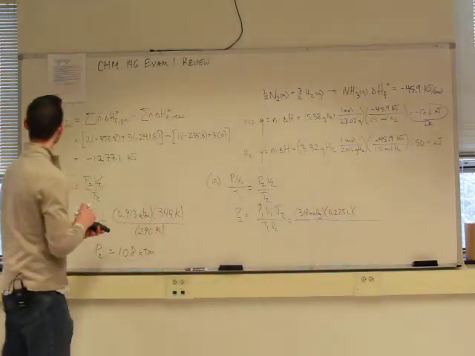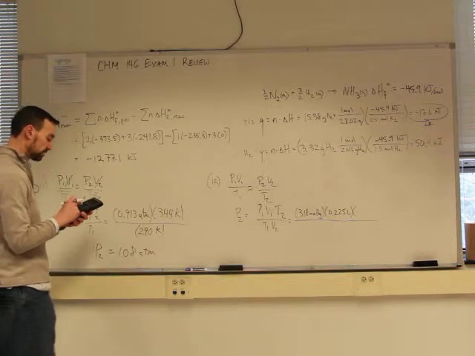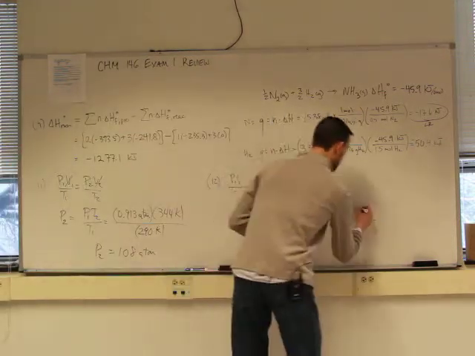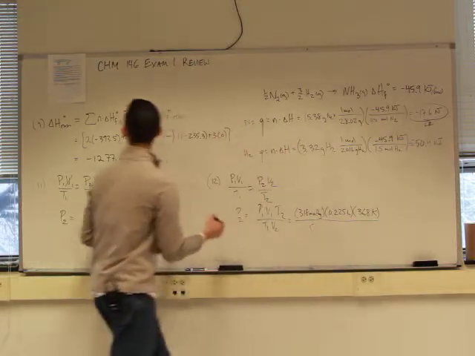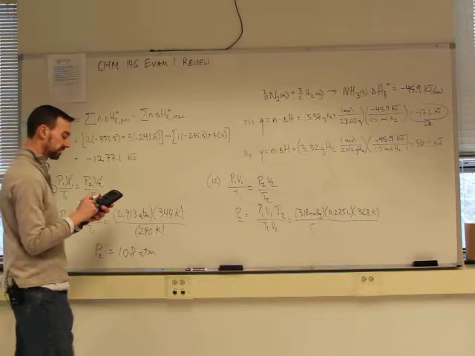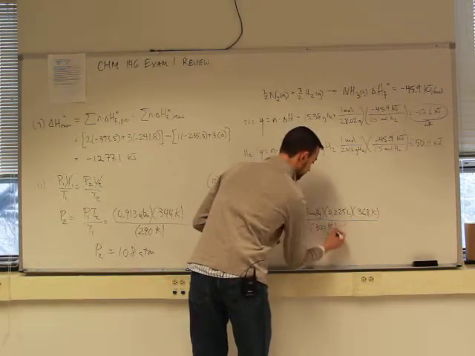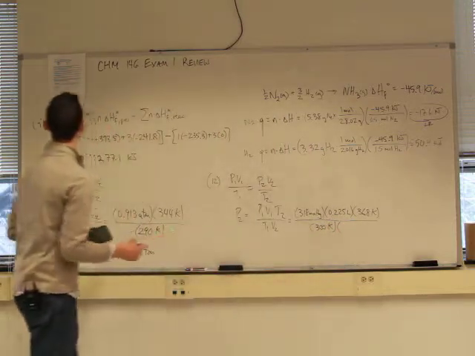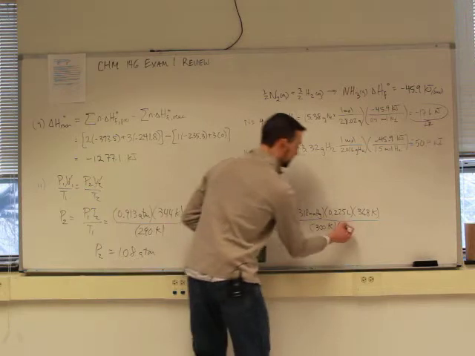Our second temperature, 95 degrees Celsius, so that's 368 Kelvin. Our original temperature for this gas was 27 degrees Celsius, so 300 Kelvin. And our new volume is 0.5 liters.